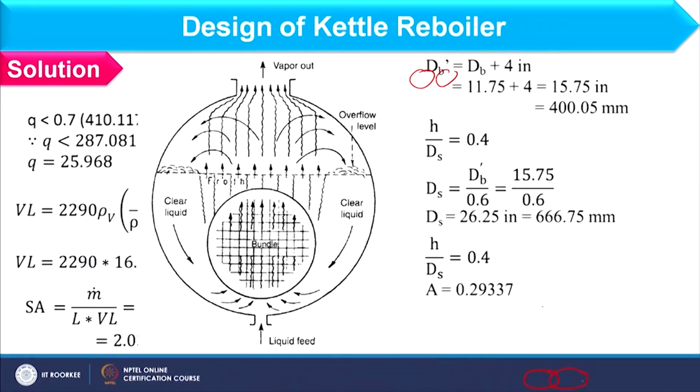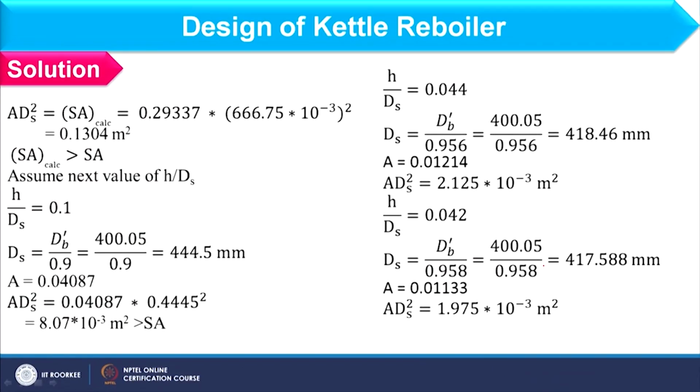So, this value you can note down over here, and further we can find out the revised area as A into ds square. So, area we can obtain as 0.1304, that I am considering as SA calculated, or you can simply consider that SA prime. So, in this case SA calculated is very high in comparison to segment area.